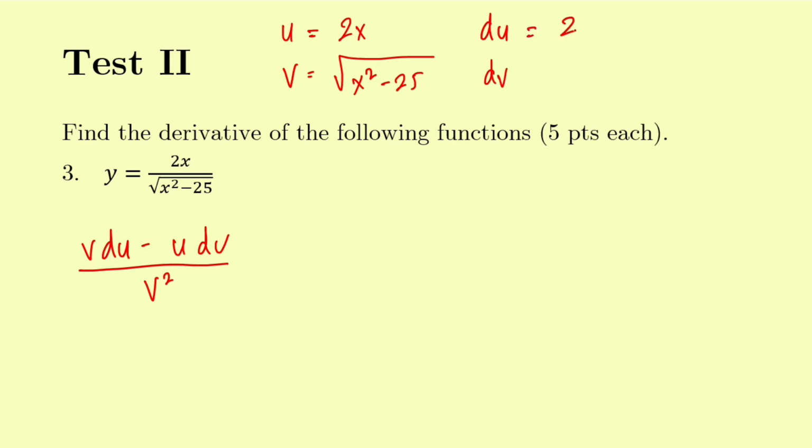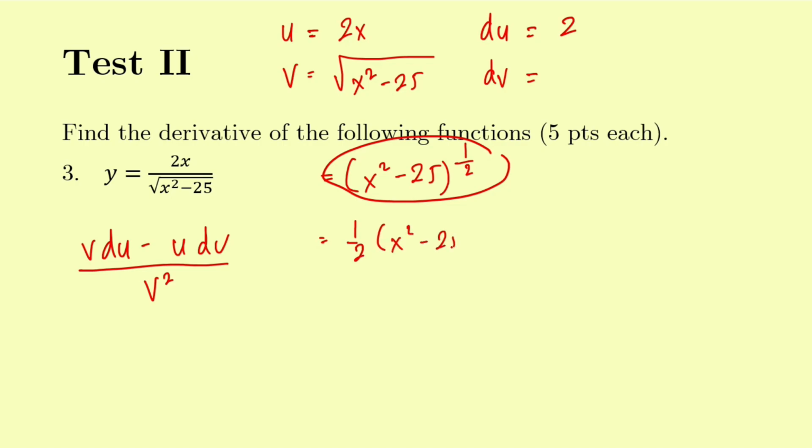du will be simply 2, and for dv, this is where we need to apply the chain rule, because the square root of x squared minus 25 is equal to x squared minus 25 raised to 1/2. So to find the derivative of this entire expression, we need to use the chain rule. That's equal to 1/2 times x squared minus 25 raised to 1/2 minus 1, which is negative 1/2. Applying the chain rule, we need to find the derivative of the inside as well.